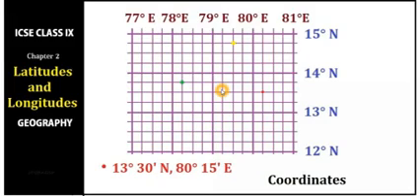Usually you might have noticed that when we are getting the location of a place, we have 2 units of digits.